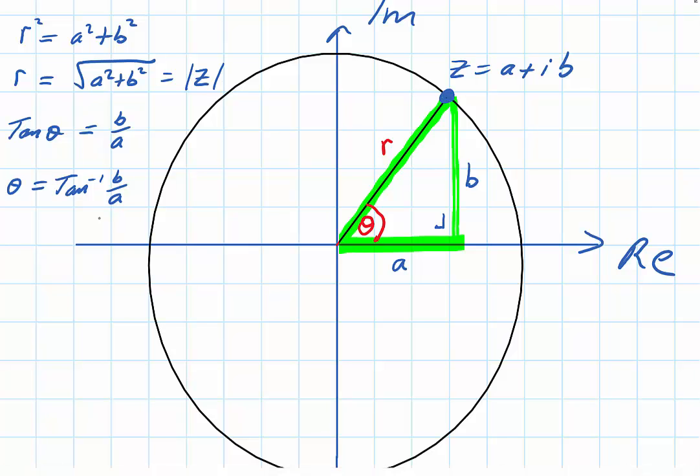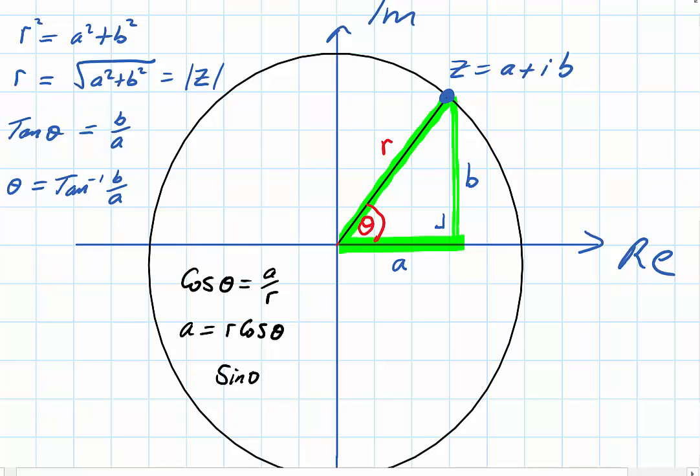And lastly, to tie it all together, we do some basic trigonometry. We look at theta here and we realize that the cos of theta is equal to adjacent over hypotenuse, which is a over r. So we can think of a as simply r cos theta. Do the same for sine.